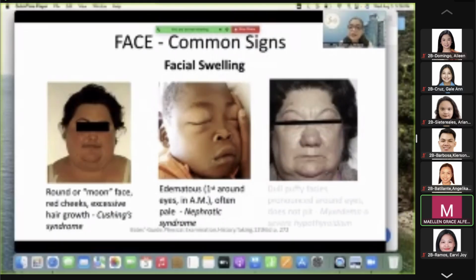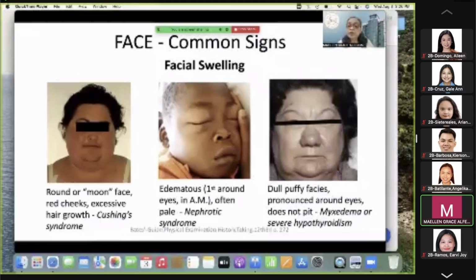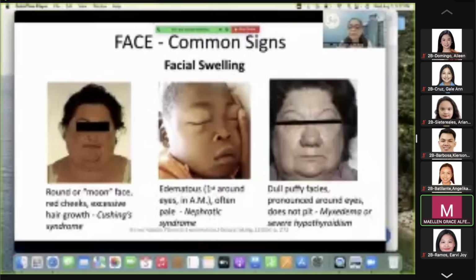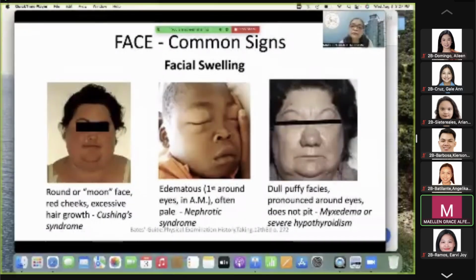So the last one is a puffiness of the face that is perceived to be a dull facies. Usually you can have puffiness around the eyes, more pronounced in the eyes. Again, this can be seen in patients who have severe hypothyroidism or those who have myxedema.